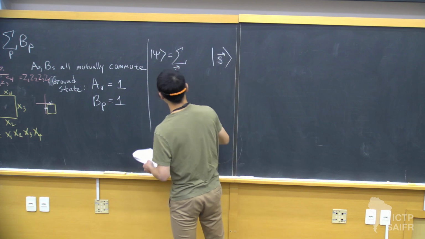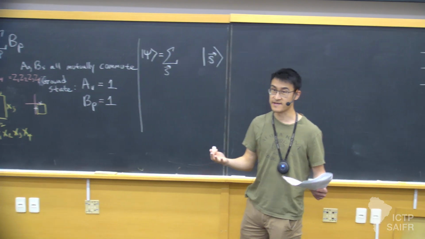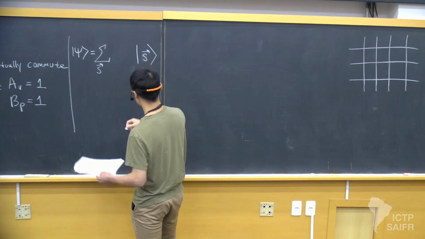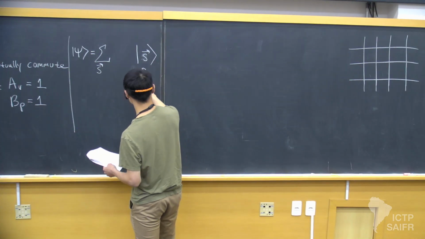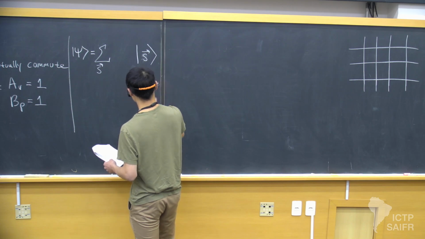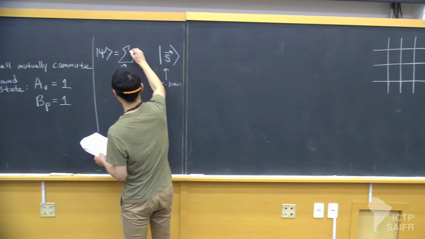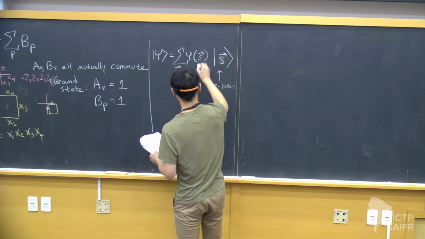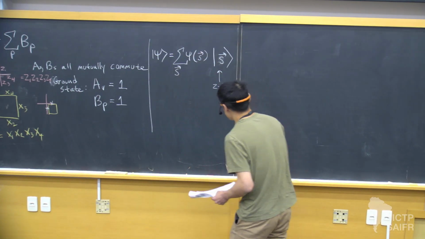So I can choose to work in the Z basis, let's say. So I expand my wave function in terms of configurations in the Z basis, and I have some amplitude associated with each configuration.